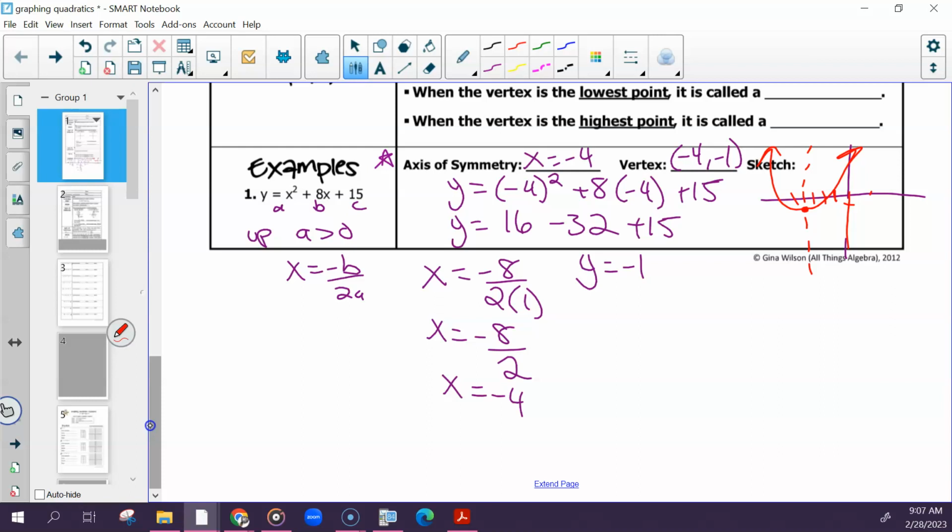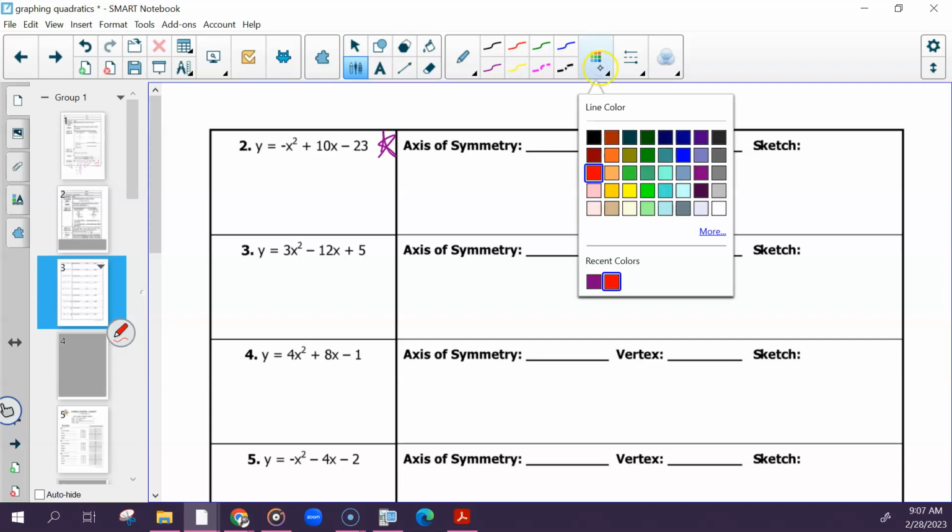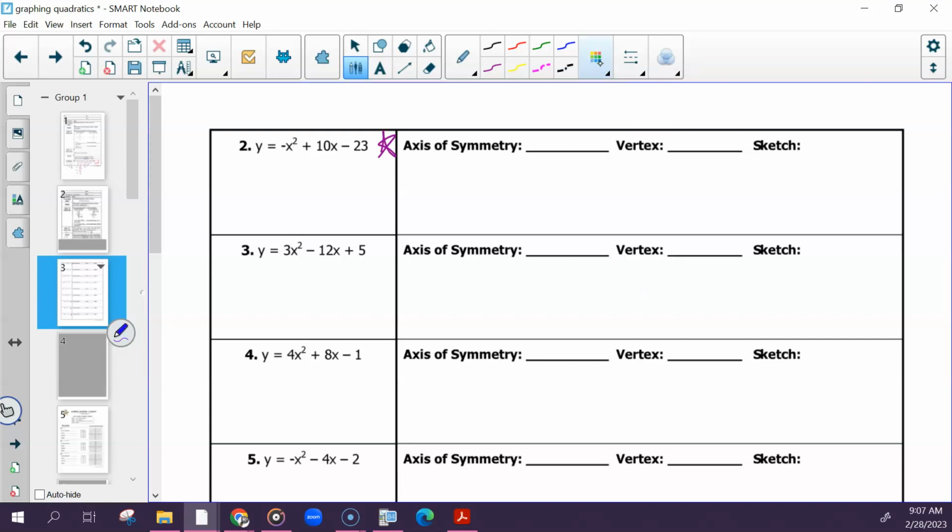On the next page, we're going to do another one algebraically, and then we'll change gears and do it on the calculator. If you want to find whether it's going to face up or down, when you do that doesn't matter.